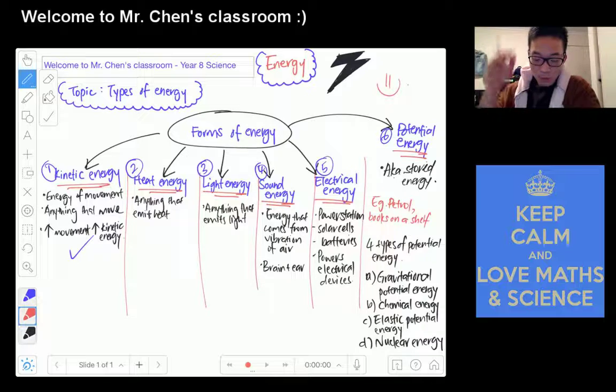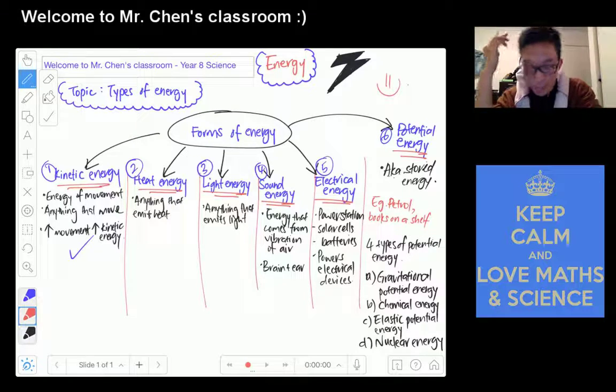The same goes for batteries, and powering electrical devices. So your phone, your computers, your ovens, they all rely on electrical energy to work, and your kettles and stuff. So that is quite a simple one.